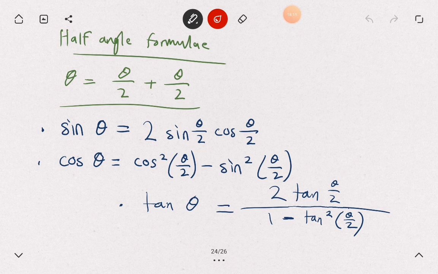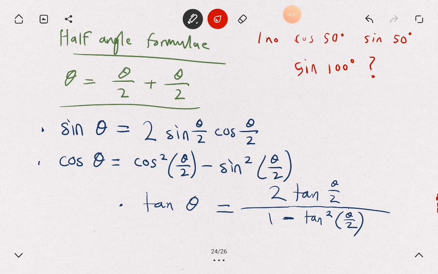Say I want to find, if I know what cosine of 50 is, and sine of 50 also I know, so what is sine of 100?